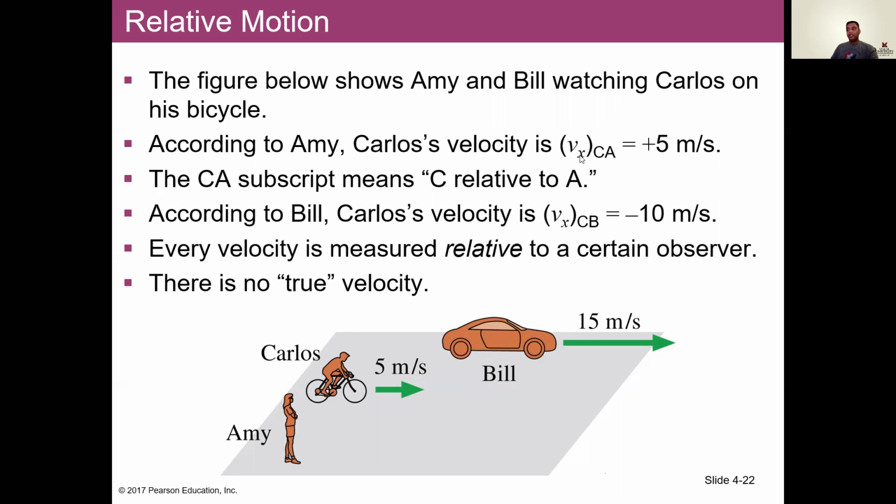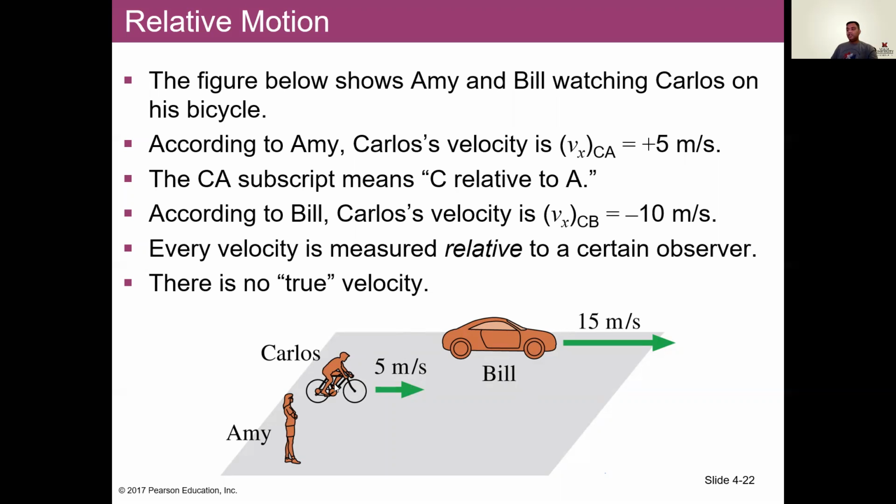If you already know that we're talking about X direction, you can say it is VXCA, okay? Similarly, VXCB will be the velocity of Carlos with respect to Bill, right? Again, you can see that Carlos is moving forward, to the positive X direction.